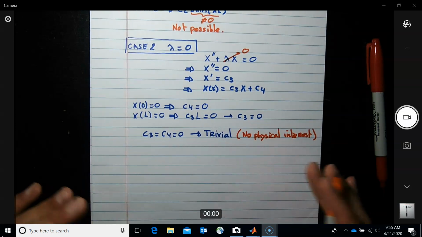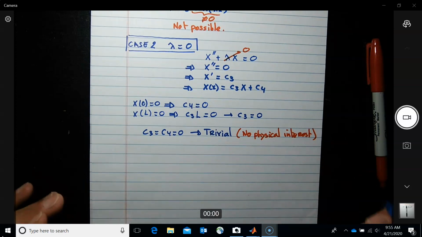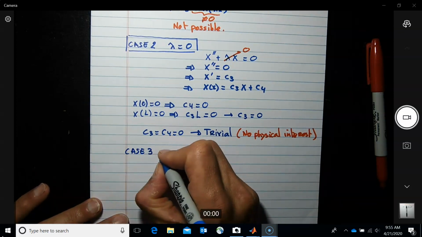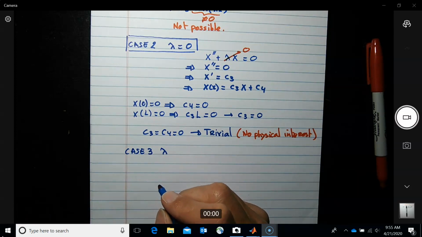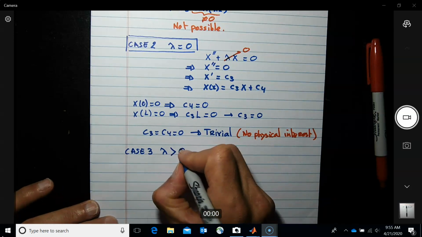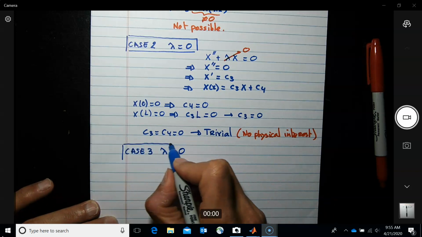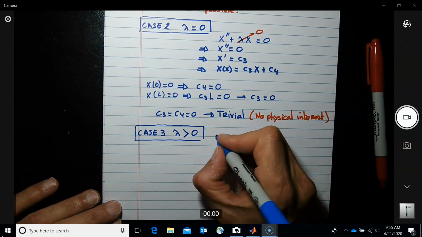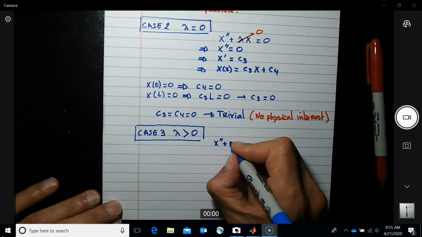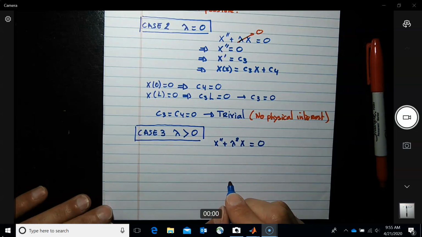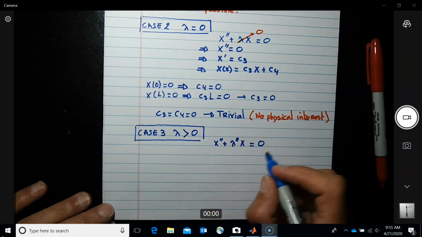So now, obviously, we're going to go to the last case, which would be the appropriate one, case 3. This time is for what? Will be for lambda positive. So for lambda positive, what do we have? So let's say we have X double dot plus lambda squared X will be equal to 0. So in that case, after substitution, what do we have?